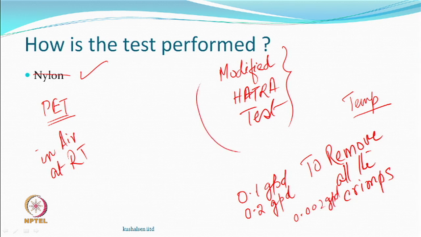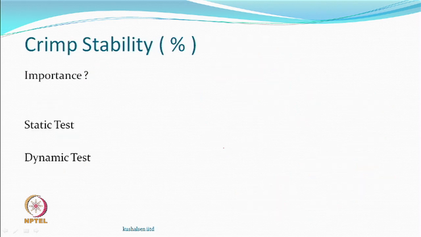So, that is why this was called a modified test. All right. So, we are looking at PET only because that is the most popular textile yarn that you have, although polyester in general, there are many polyesters which are also useful and very nice. So, that was about the crimp rigidity.